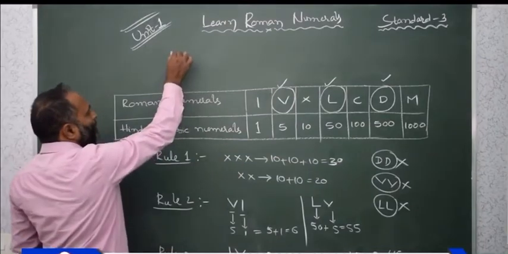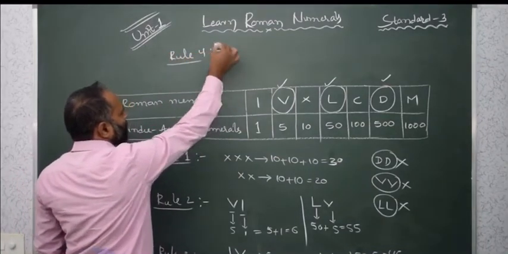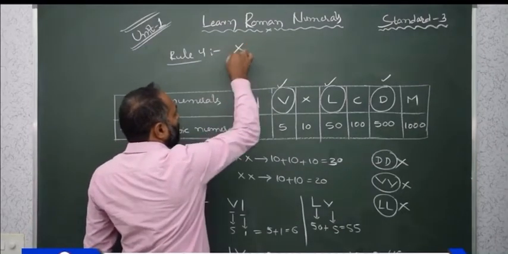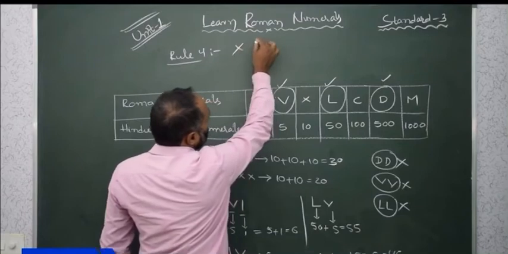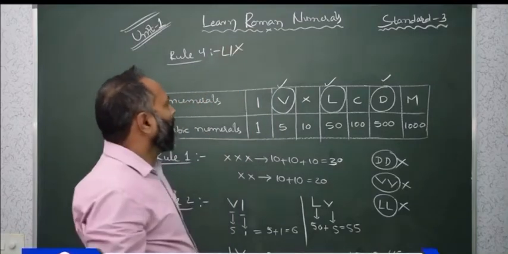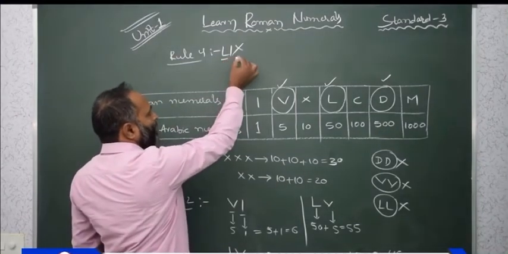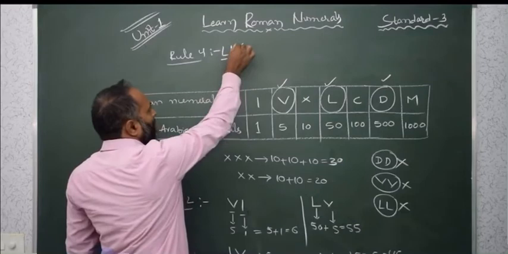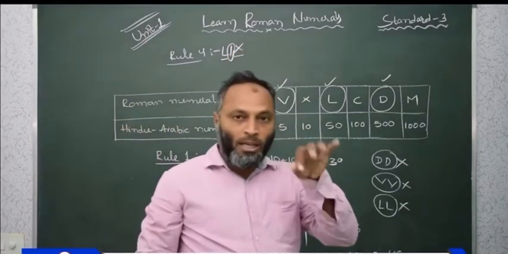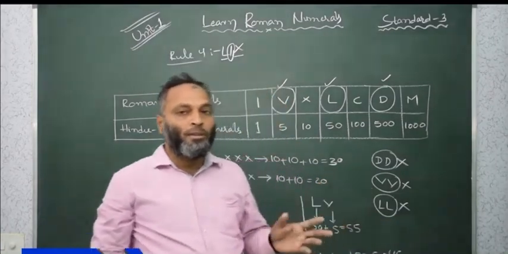What is there in rule 4? LIX. This is a bigger Roman numeral, and this is a bigger Roman numeral. If a smaller Roman numeral comes between the two bigger Roman numerals, then how to write?